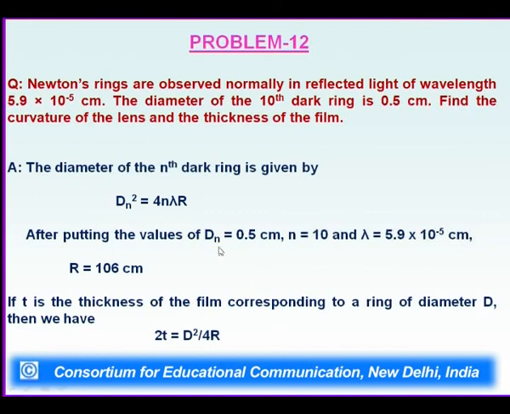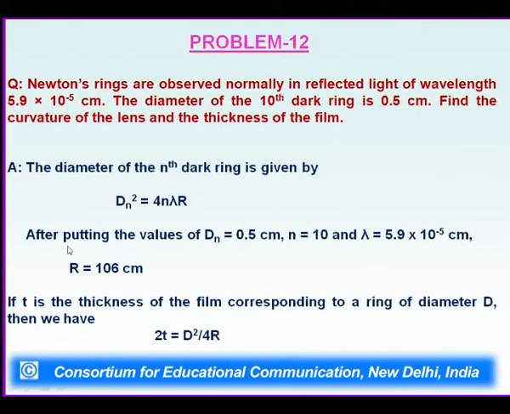Here the value of dn is equal to 0.5 centimeter, and we are talking about the 10th dark ring, so the value of n is equal to 10, and lambda, the wavelength, is given as 5.9 into 10 minus 5 centimeter.